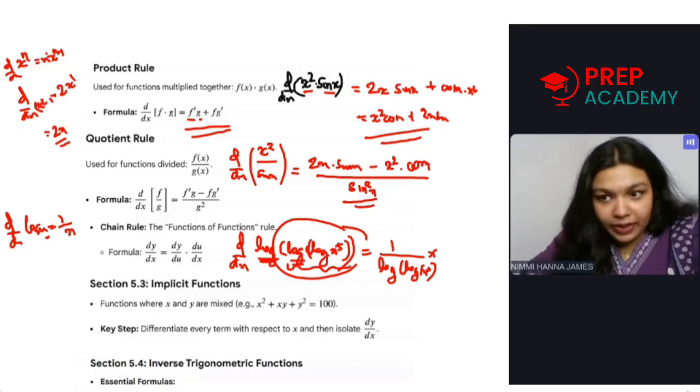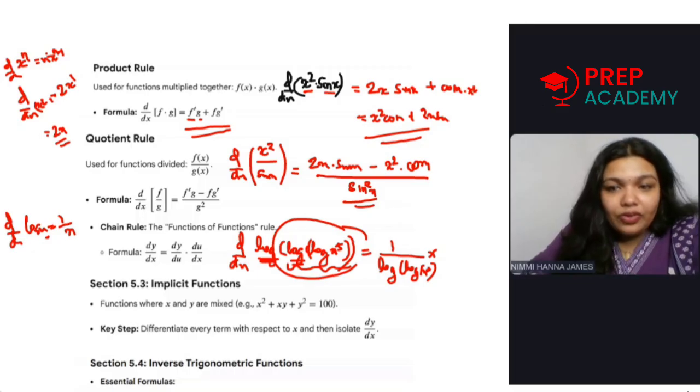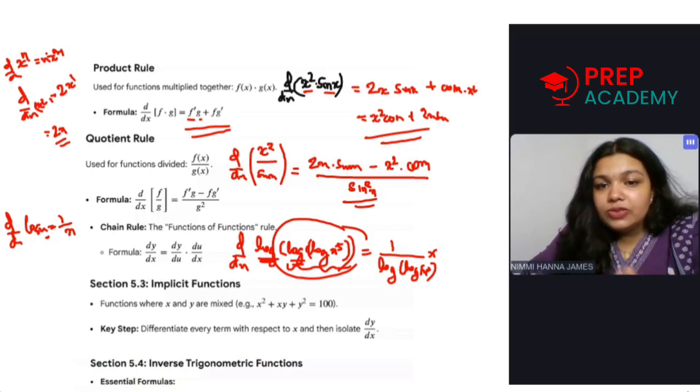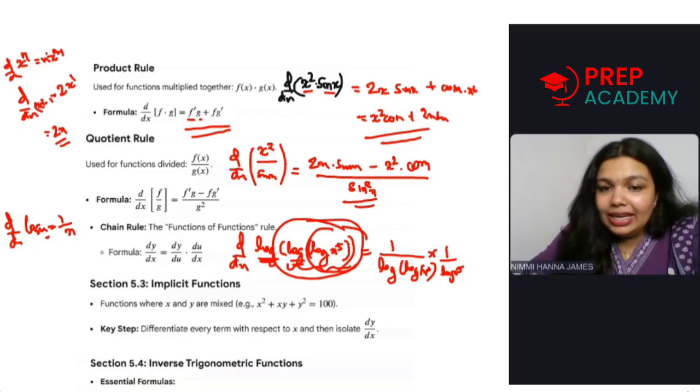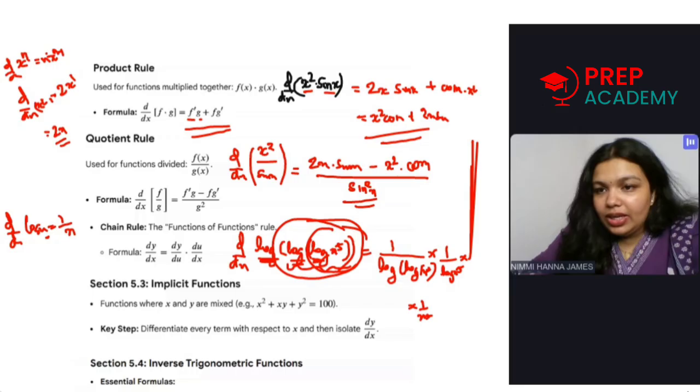We don't stop there, we multiply it again and differentiate the next function which is inside it. That is this log, the differential of this log is also 1 by x, so 1 by log x raised to 5, and again this log comes. So the differential of log x raised to 5 is 1 by x raised to 5 into 1 by x raised to 5.